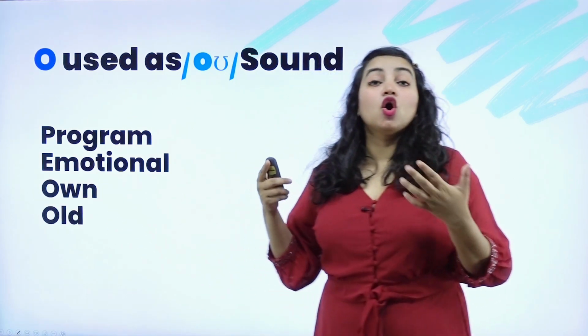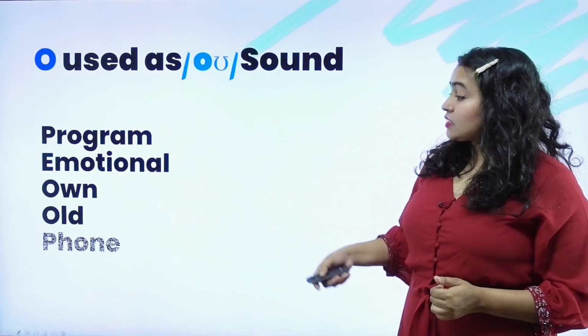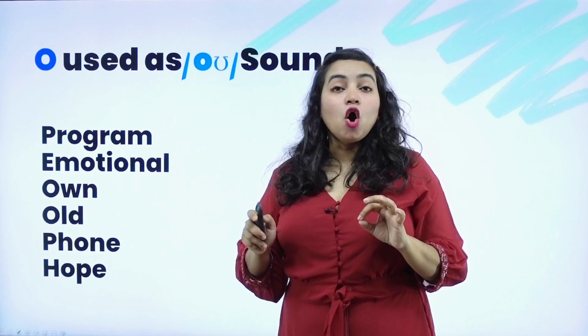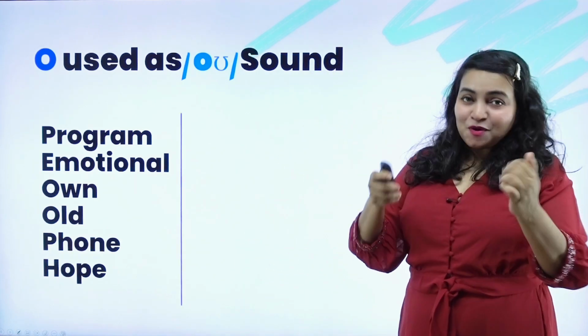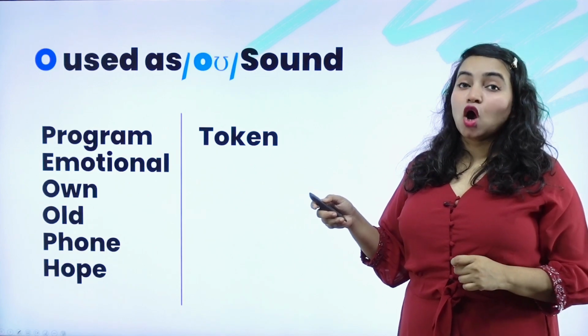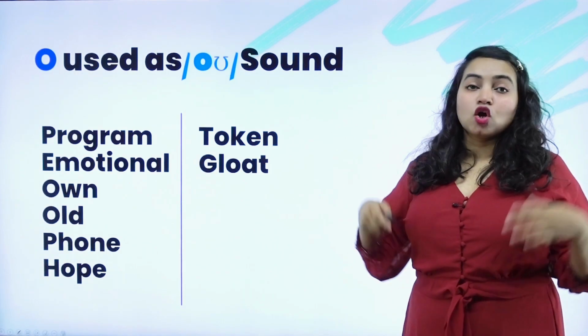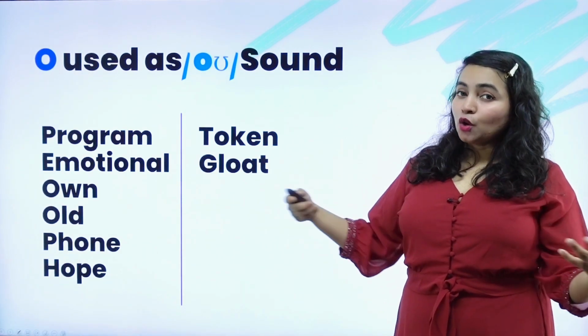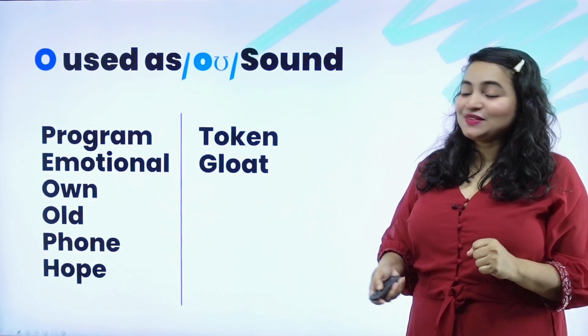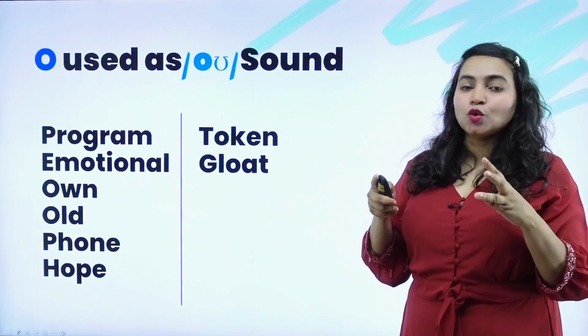The next word, old. The next word, phone. The next word, hope. Let's look at some more words. Token. The next word, gloat. Gloat means you are happy when someone else is sad. You're a very bad person if you do that, but that's called gloating.